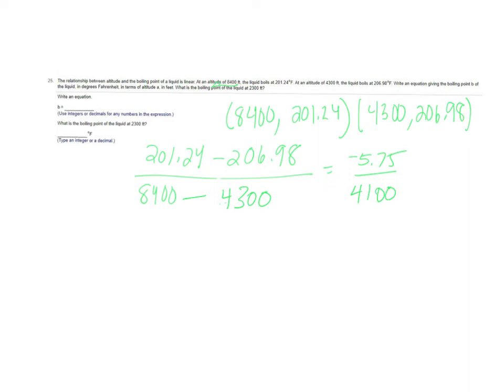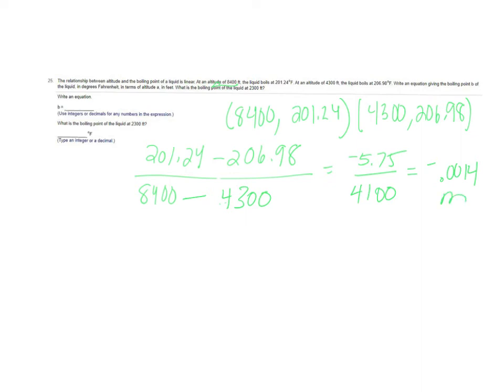And so when I take and divide those numbers, that is going to give me a negative 0.0014. The next digit's a 0, so I'm going to leave it at that.